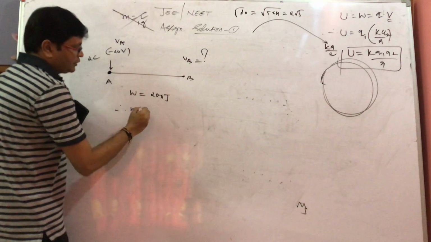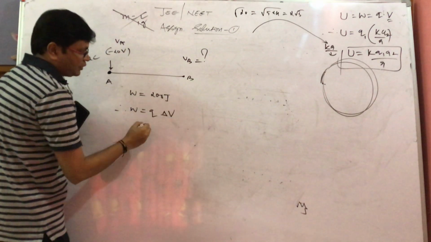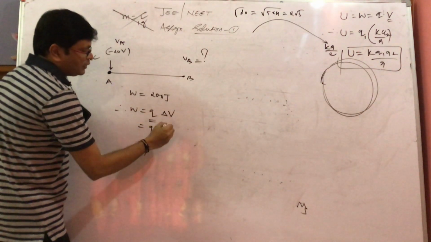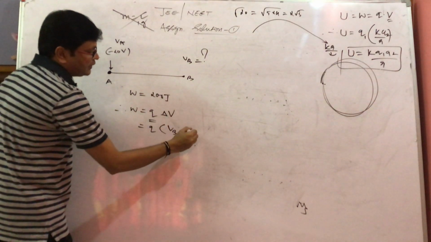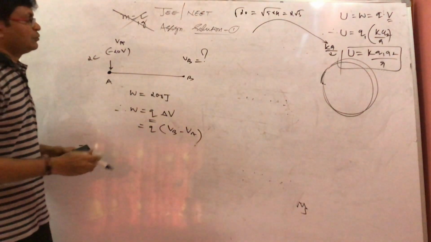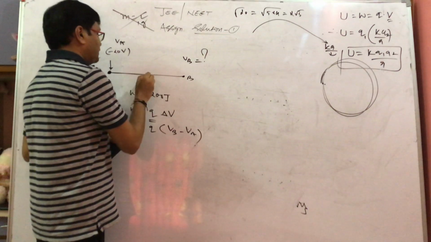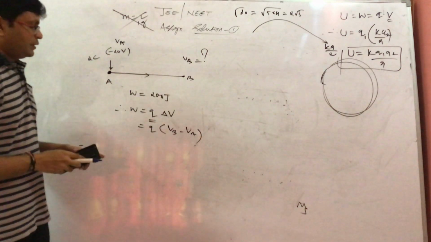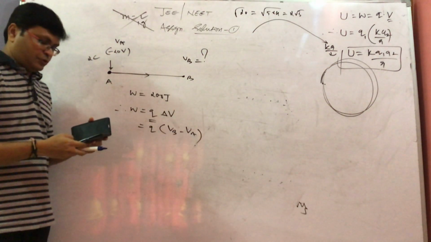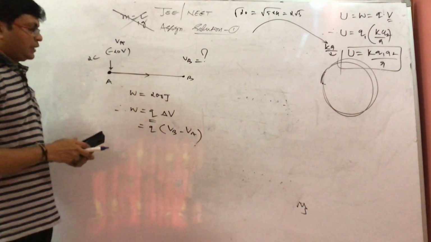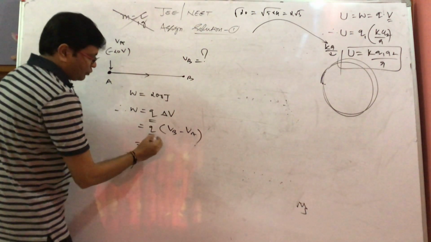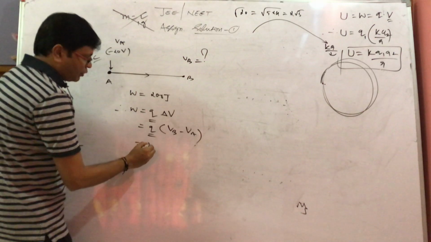So work done is equal to Q into delta V. Charge Q delta V, it is simply VB minus VA, because you are moving this charge from A to B. Now the electric potential at the second point is your target. This is the potential difference. So what is Q? Q is already 2 coulomb.